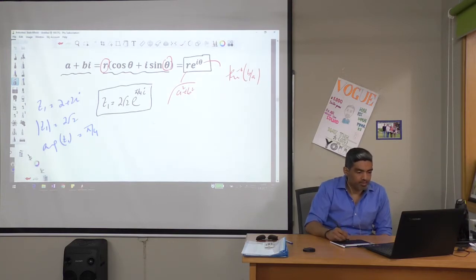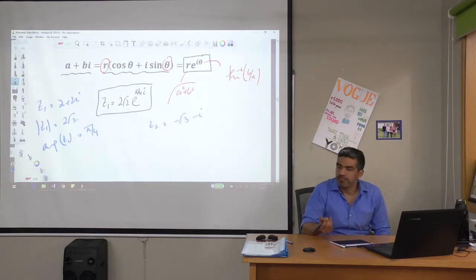Let's take another example. Let's say we have another complex number, z2, as minus root 3 minus i. That's it. So the mod of z2, I believe, is 2, and then the argument of z2.